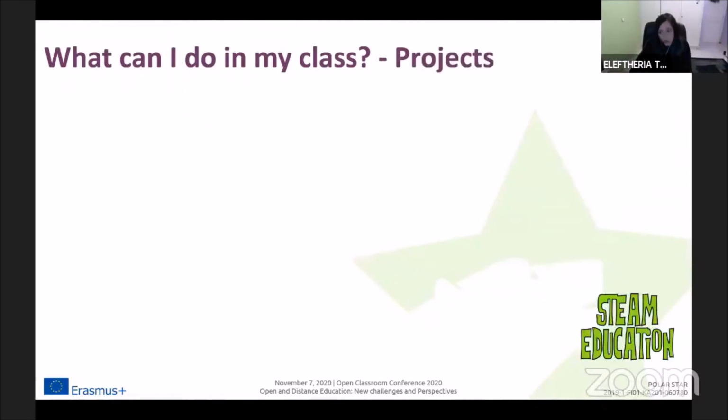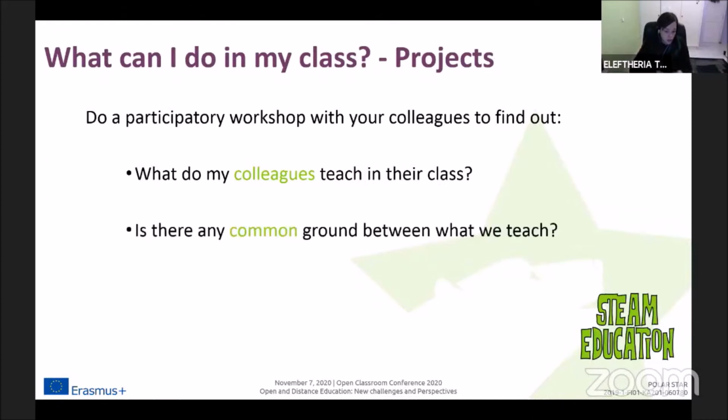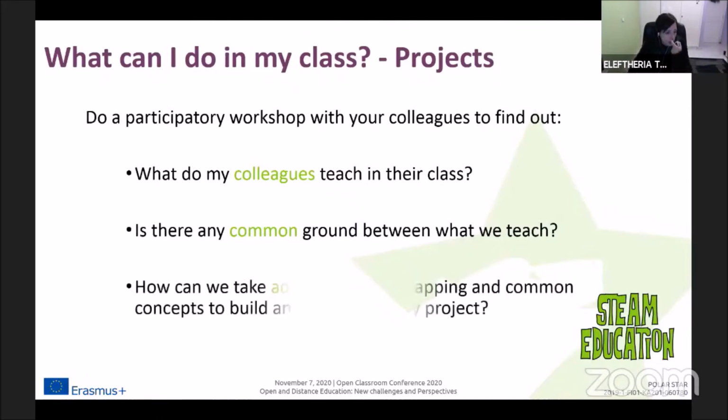For the longer term projects, we also have a participatory workshop that we have designed for you. First you have to learn what your colleagues are teaching. You need to know what everybody else is doing in your school, and then you need to find common ground between what you are teaching and see if the common ground can be used somehow.